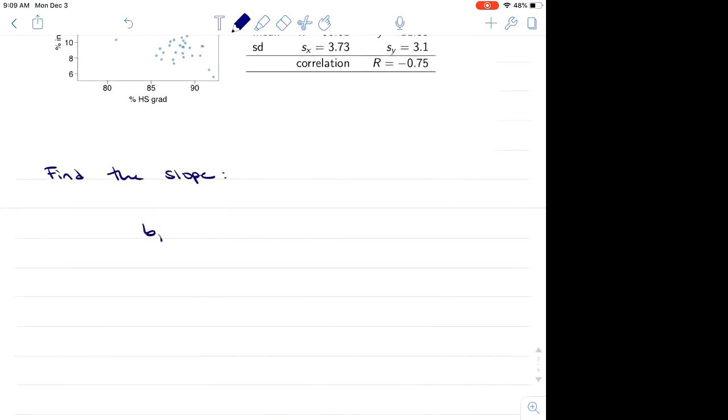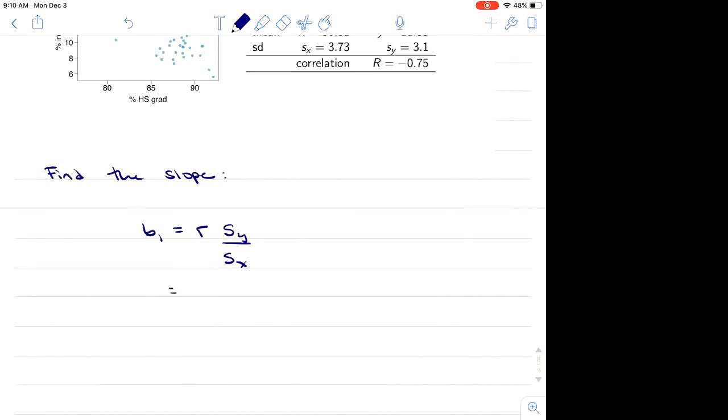The slope on our formula sheet is b1, the correlation times the standard deviation of the y's over the standard deviation of the x's. And you don't want to twist those around because it'll mess everything up.